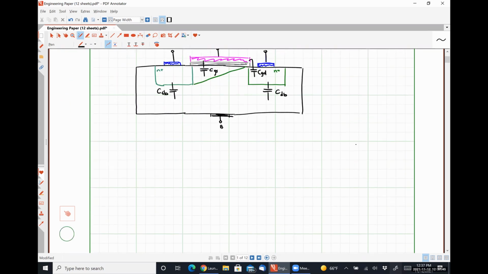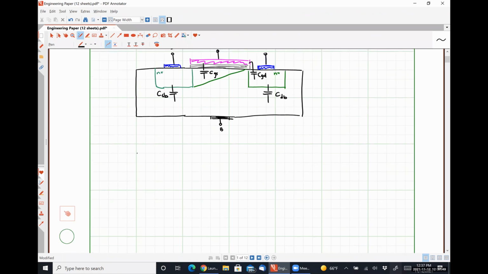How that affects our small signal model is as follows. We will have a gate terminal G, and then some capacitance CGS. Here's our voltage VGS.